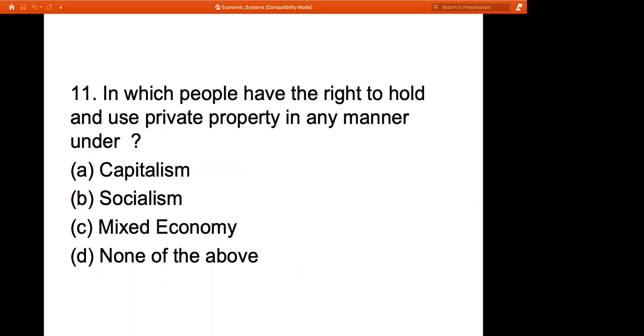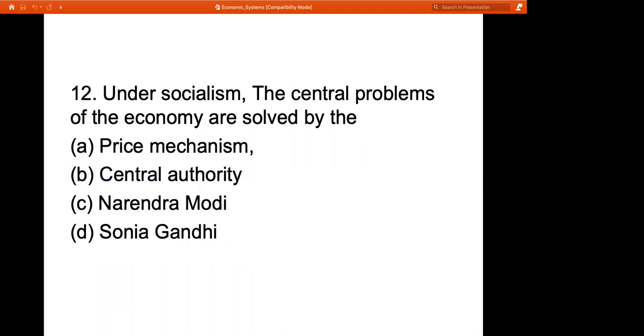In which economy do people have the right to hold and use private property in any manner? Like I said before, you have more private property rights under capitalism than socialism or mixed economy. So the answer for this is capitalism.